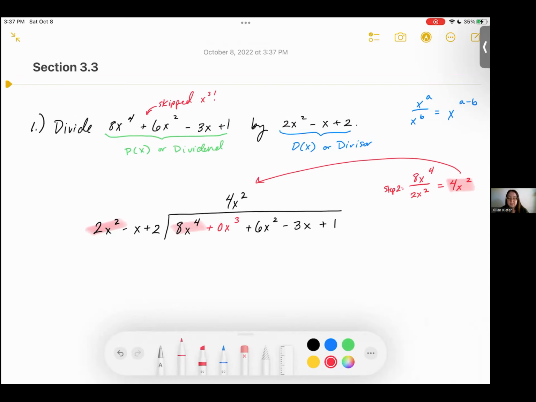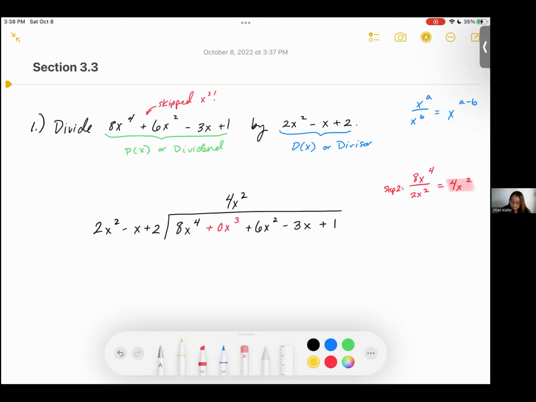So now we're going to continue on here. We're going to erase just a few things. There we go. Erase that line. All right. So now what we're going to do is that you want to take that term that you just wrote above the house and you're going to multiply that term to each of the terms in the divisor.